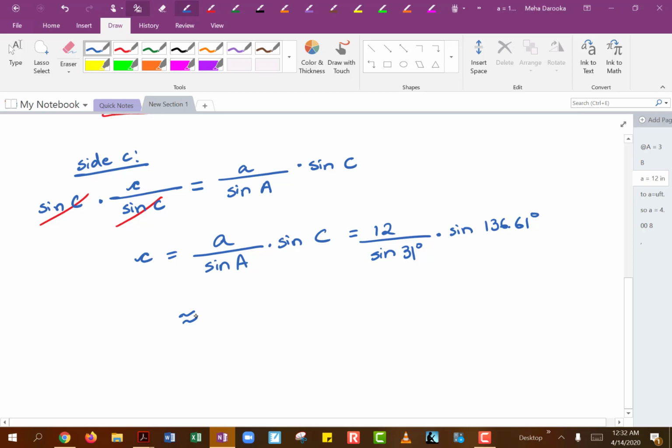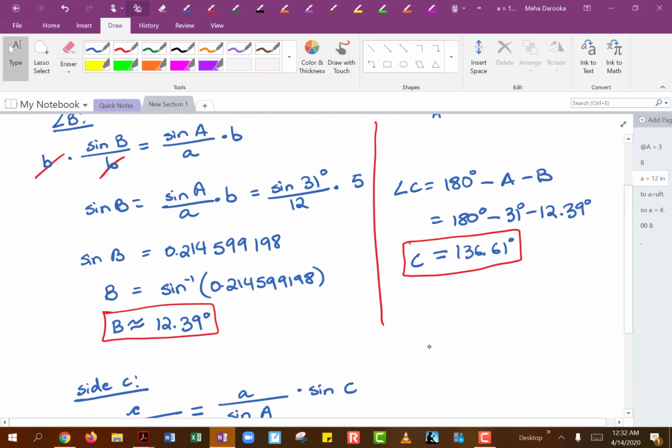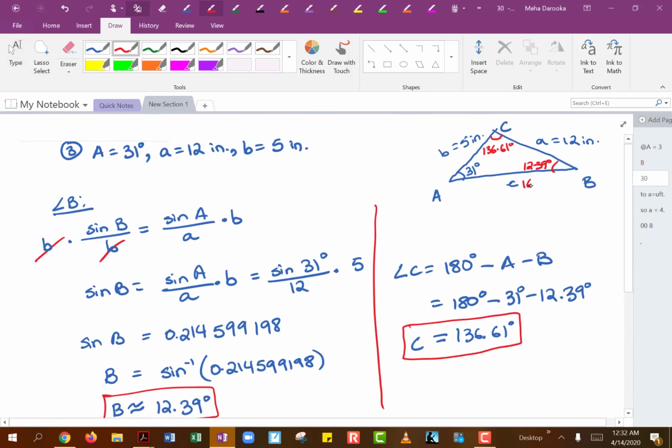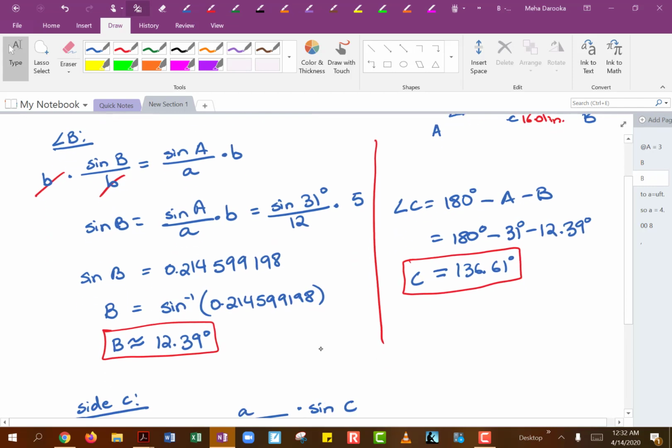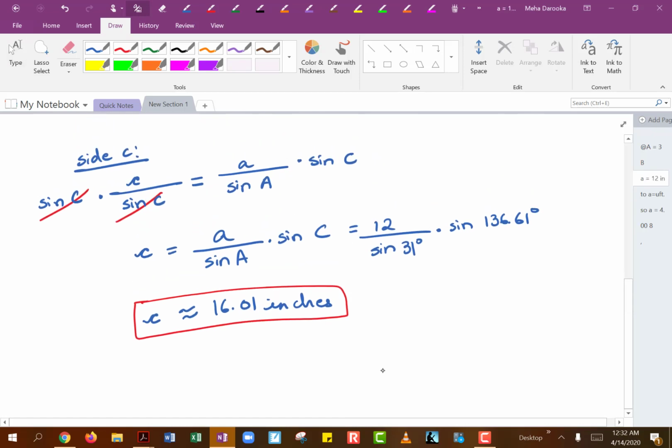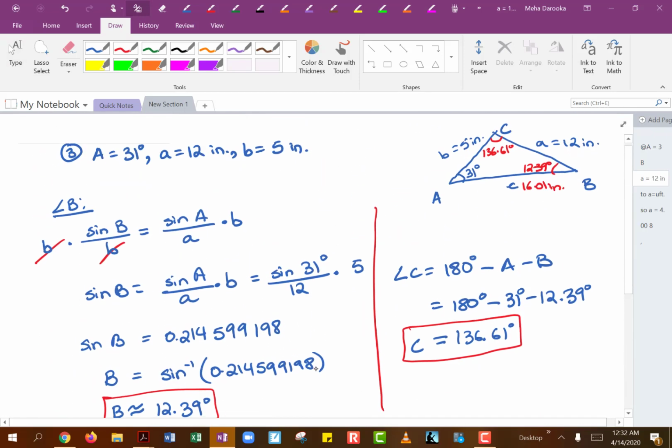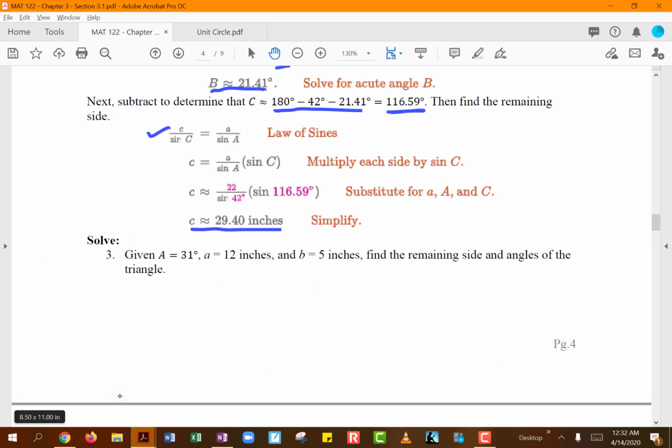So let me see, when we round this to 2 decimal places, our side C comes out to be 16.01, and of course we're measuring sides in inches in this example, so 16.01 inches. Okay, there you go. So that's how you find your missing angles and your missing side. So this was the case where you have exactly one triangle, which will be your answer.